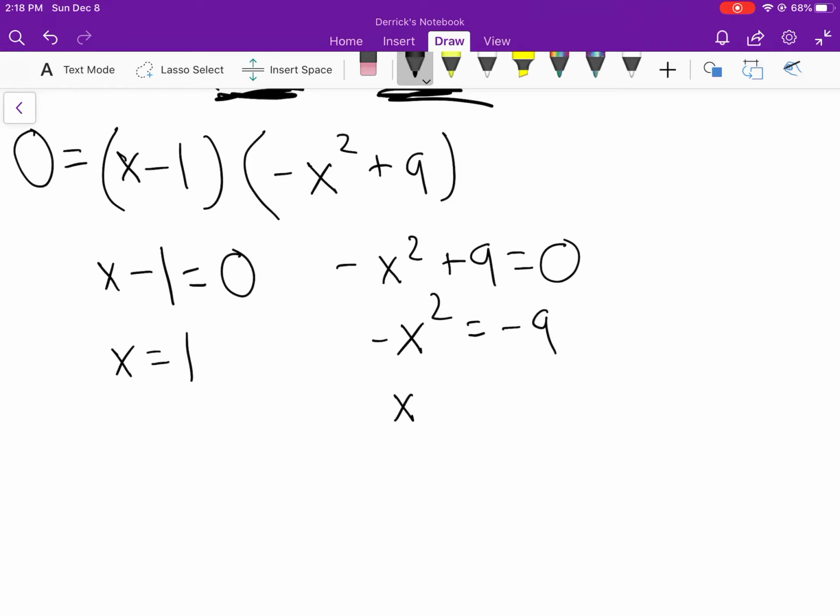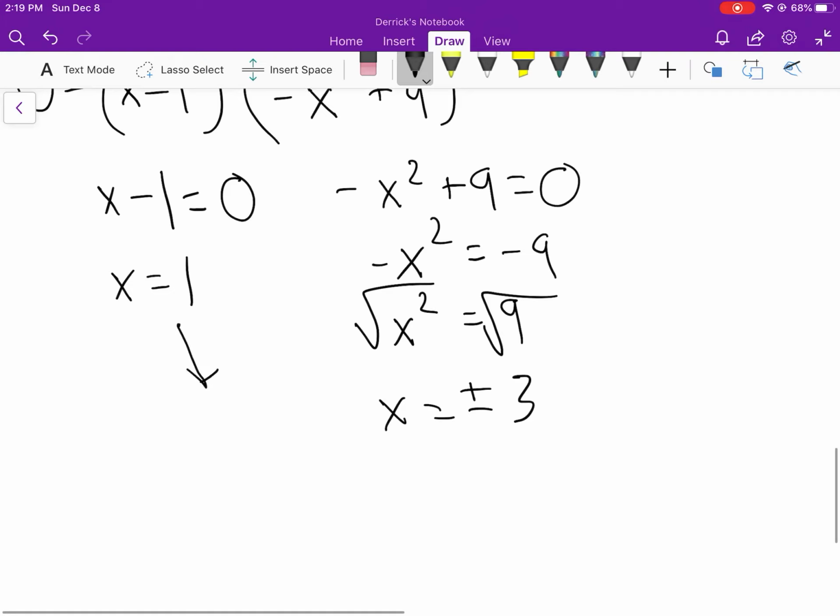Then I need to divide by negative 1 to get x squared equals positive 9. Then I need to square root. Now do not forget that when I square root, I have to add a plus or minus to account for the ambiguity, since I don't know what x is, and both positive and negative numbers squared give me positive answers.